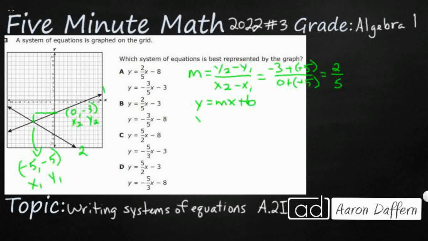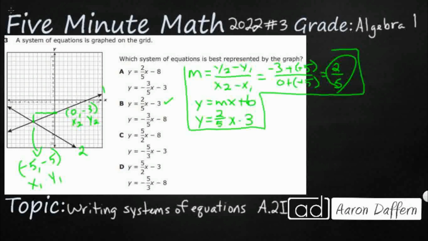So I can write y equals, here's my slope, 2/5 x. And then what was my y-intercept? It was -3. So instead of plus b, I'll just do -3. All right, so I've got 2/5 x minus 3. So right now, b looks like the only option. This is all line 1.